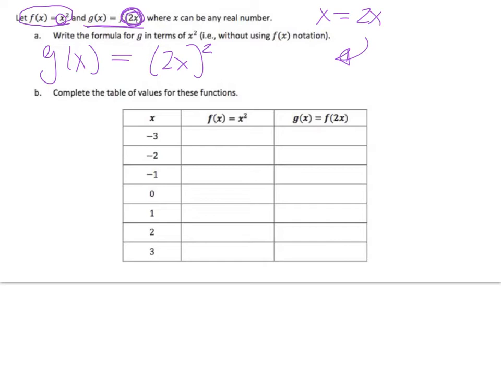Now we're going to complete the table of values for these functions. I have f of x equals x squared, and g of x equals 2x squared.